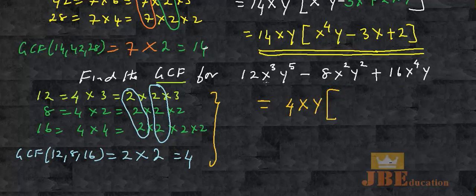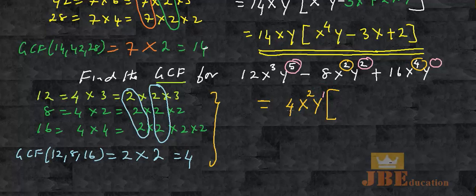If you see the polynomial, you have to locate the degree of x which is least. I got a 3 here, but I got a 2 here, and I got a 4 here. So the least degree for x is going to be 2. Similarly, look for the least degree for y. I got a 5 featuring here, I got a 2 featuring here, and I got a 1 featuring here. So that degree is going to be 1 for y.